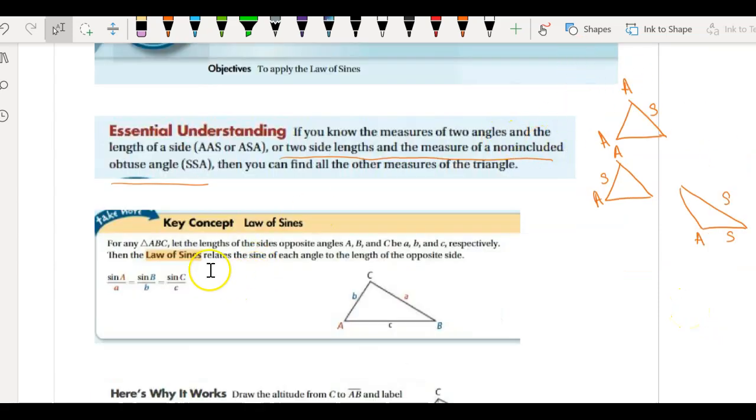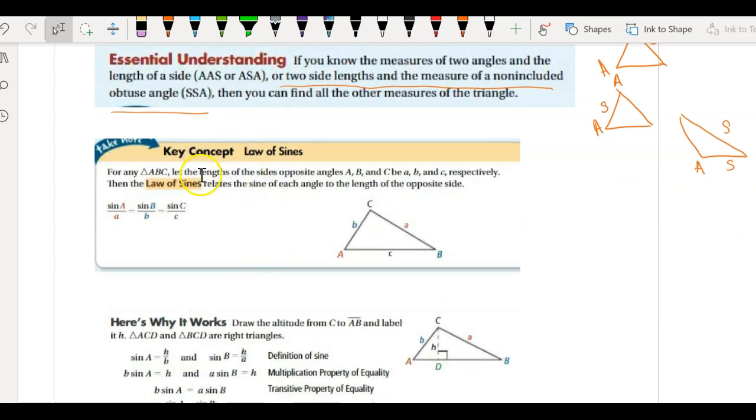So the law of sines, for any triangle ABC, we're going to let the lengths of the sides opposite the angles A, B, C, capital letters, be lowercase a, b, and c, respectively. Then the law of sines relates the sine of each angle to the length of the opposite side.